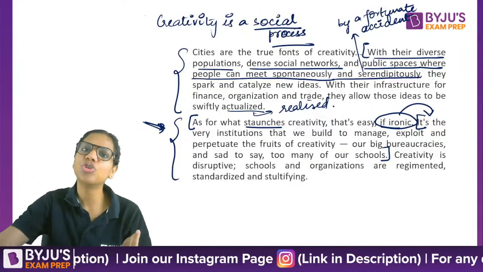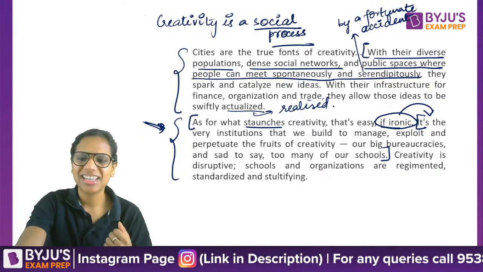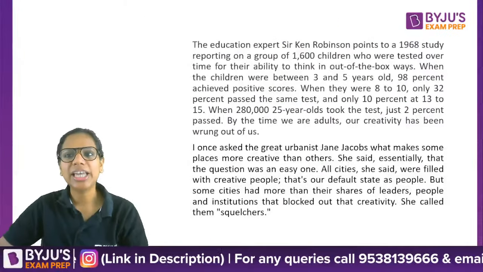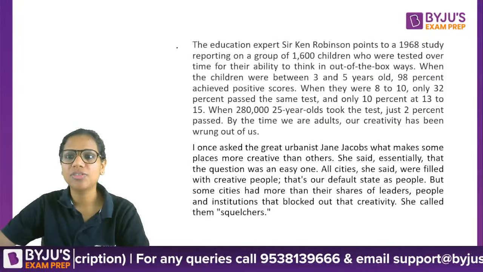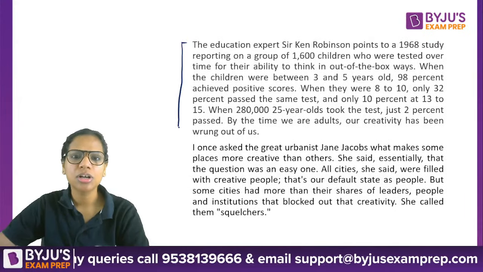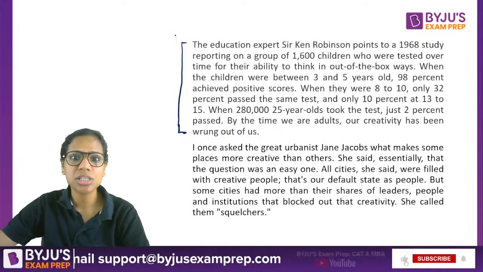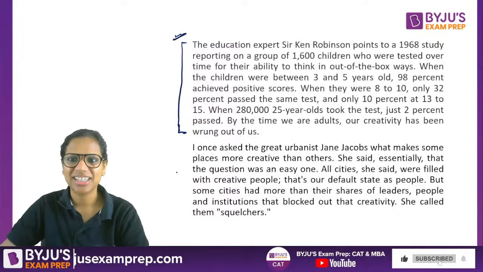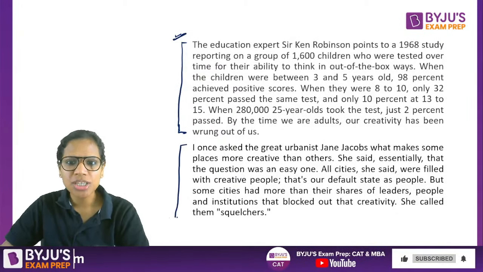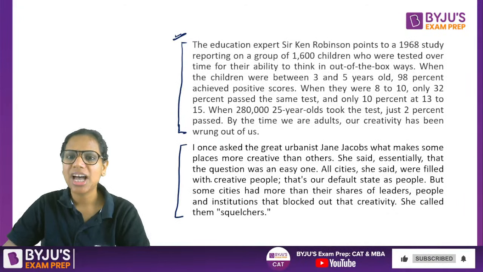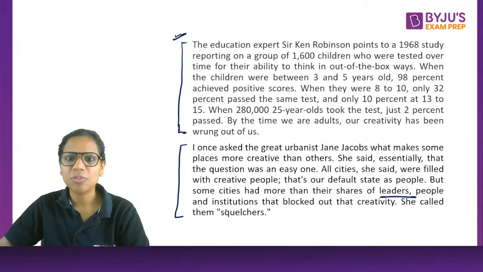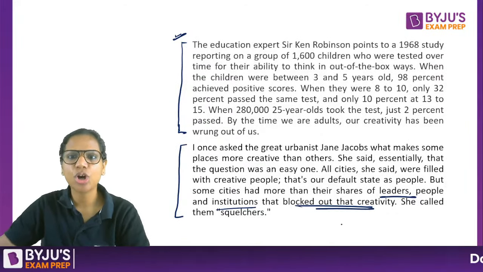Schools and bureaucracies would not have been able to do anything, right? Because it is a social process, social institutions like schools can stifle it. Because it is a social process, leaders, people and institutions can actually block it out.